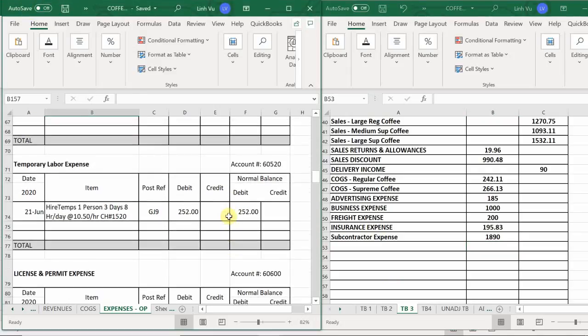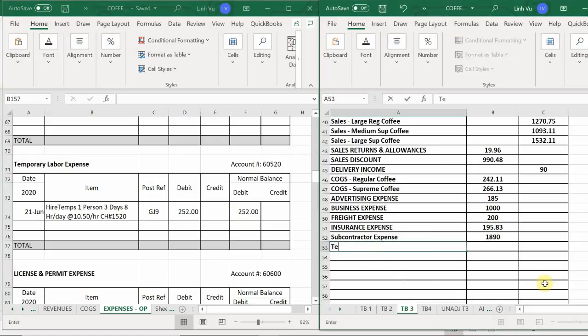Because we paid them on the 21st, it's going to be temporary labor expense. Okay, we hired temporary labor. Right? So how much was that for? $252. Okay, it was for $252. Okay.